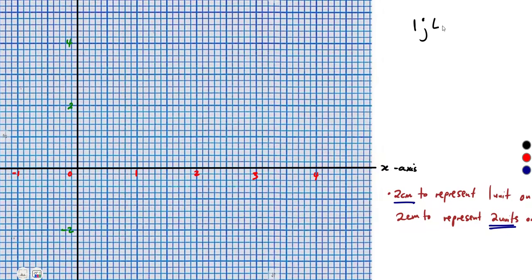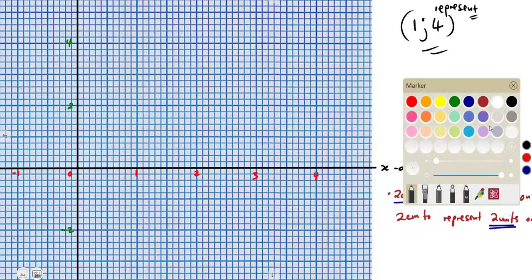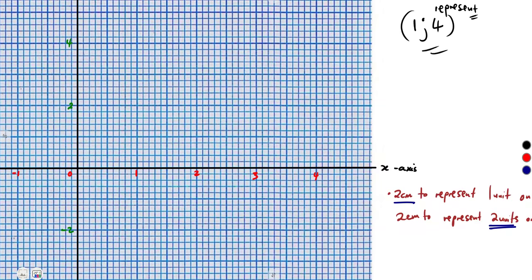Now, if you are given the point 1, 4 to represent graphically on the graph, you simply consider the x value and the y value.